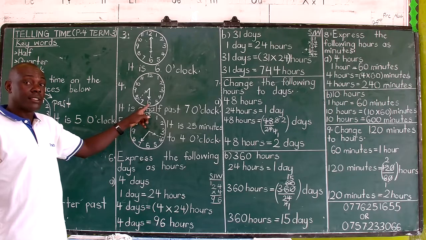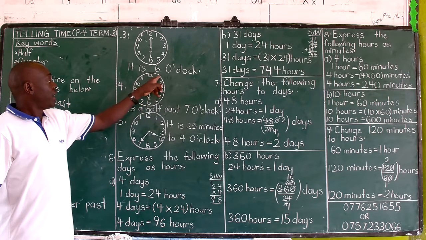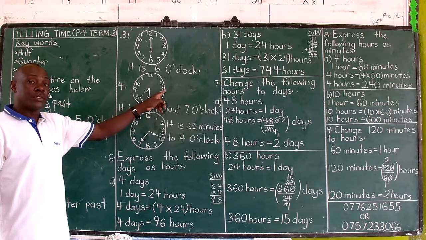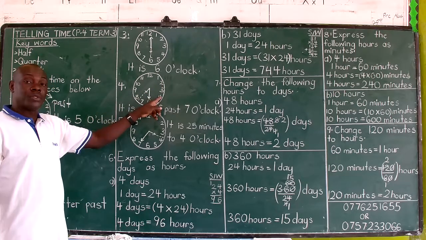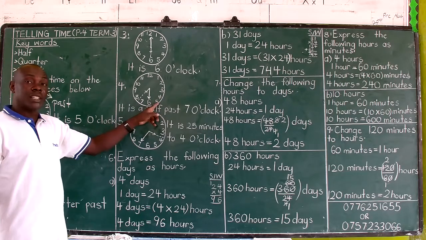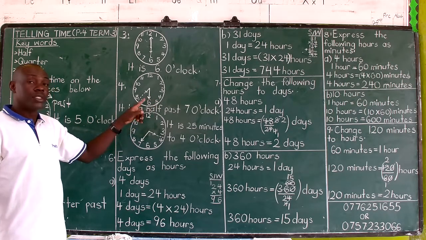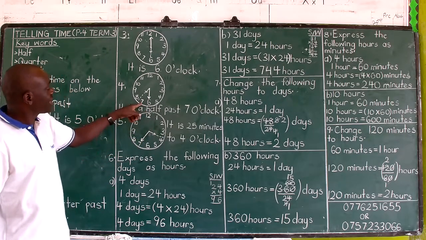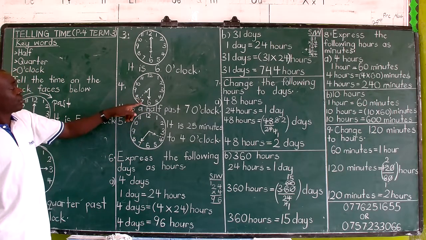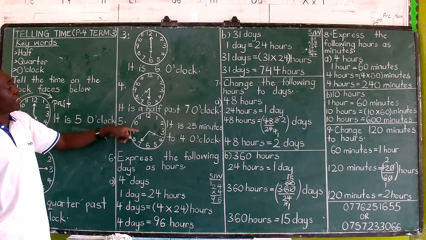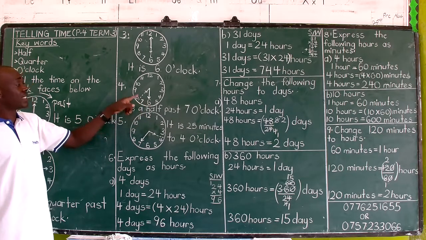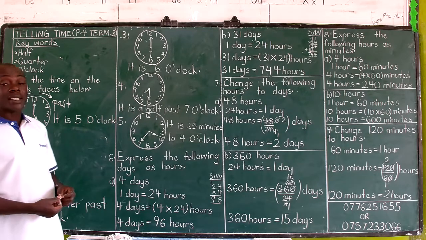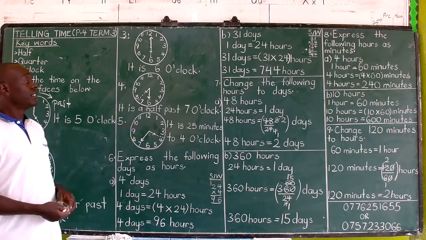Let's count together, please, viewer. 5 plus 5, 10 plus 5, 15 plus 5, 20 plus 5, good, 25 plus 5, 30. So about 30 minutes past this hour, it has passed. It's beyond 7. So 30 minutes past the hour of 7. So you say it is 30 minutes past 7.